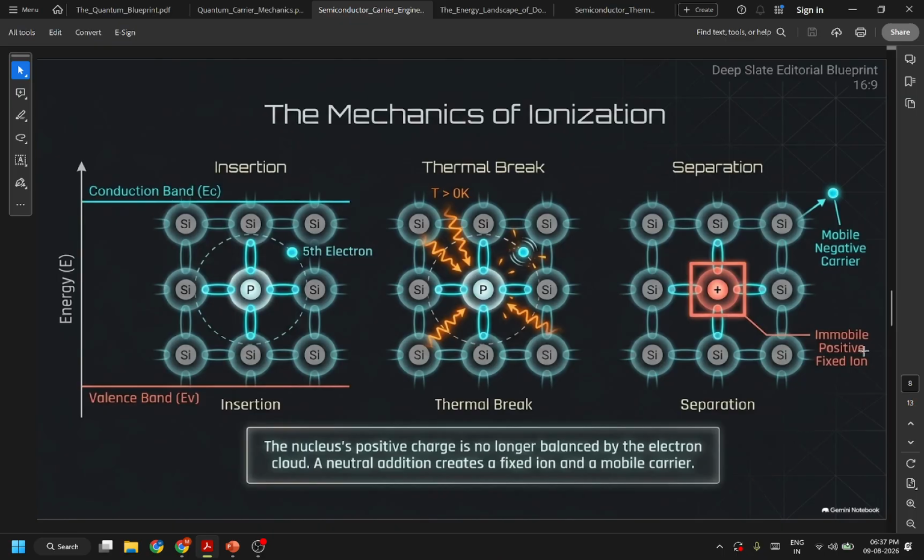Then there will be thermal breaking of electrons inside the lattice, and that will result in separation of the electrons from the lattice, resulting in an extra negative mobile carrier. The nucleus positive charge is no longer balanced by the electron cloud. A neutral addition creates a fixed ion and a mobile carrier.